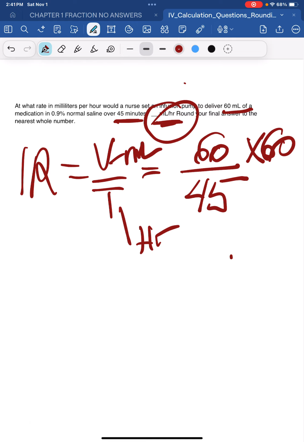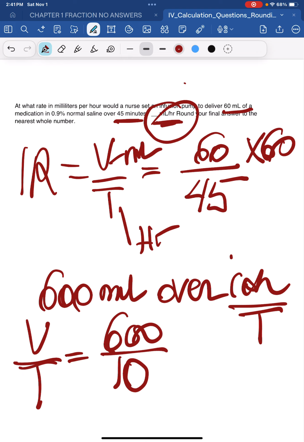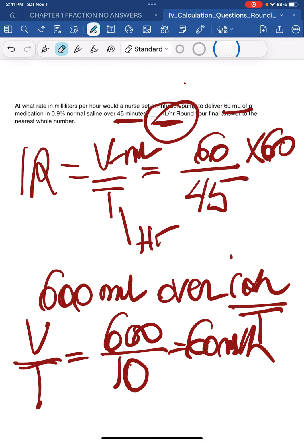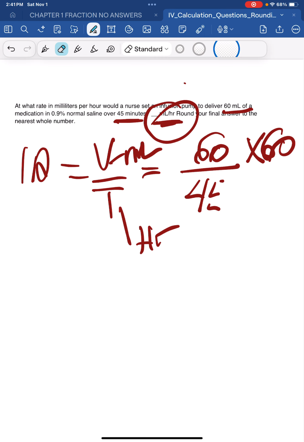Let's say, infuse 600 milliliters over 10 hours. Because my time is already in hours, I'm going to just do volume over time, which is 600 divided by 10, which is 60 milliliters per hour. But if the time is in minutes, like in this question, divide that volume by the time.